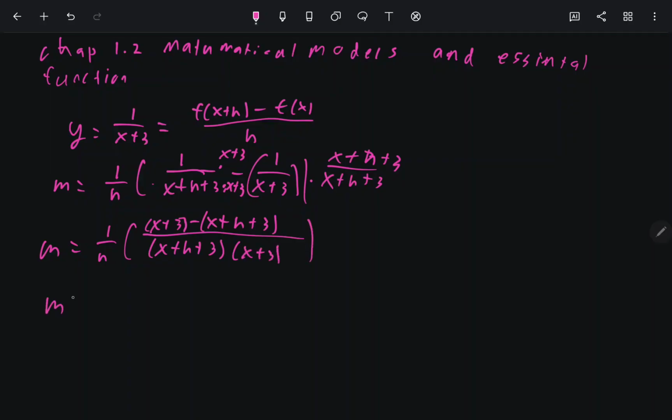Okay. This is now going to be 1 over h times, well, let's see, this numerator expands out to x plus 3 minus x minus h minus 3. And I am just going to leave the denominator like this.